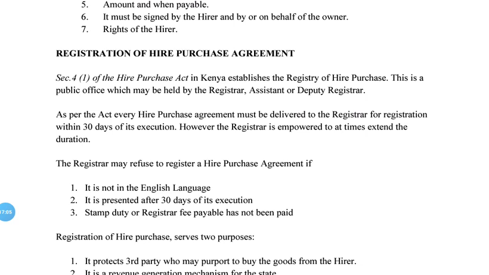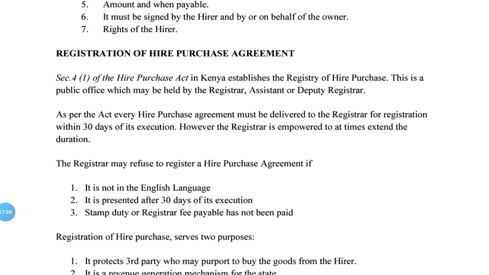First of all, we have said that it is if it is not in English language. The other one is if it is presented after 30 days of its execution, meaning that the agreement is being presented to the registrar for registration when it is late.